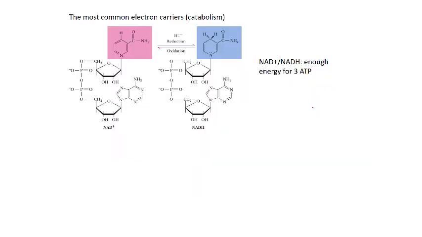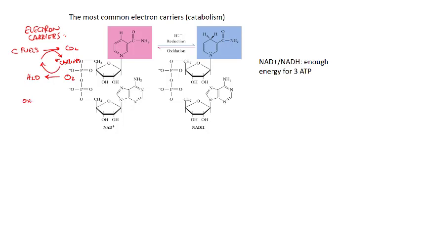All right, let's take a look at electron carriers. So once again, we said that the oxidation of carbon and the reduction of oxygen are two separate processes, and they're connected by electron carriers.